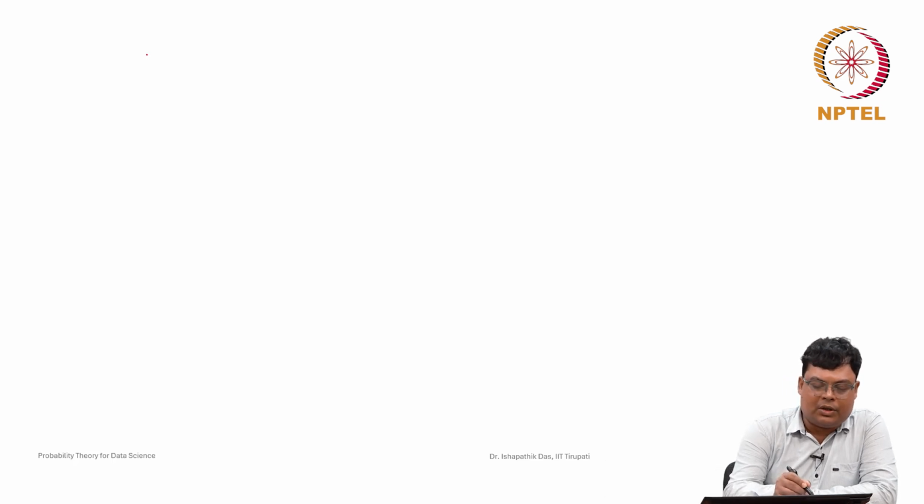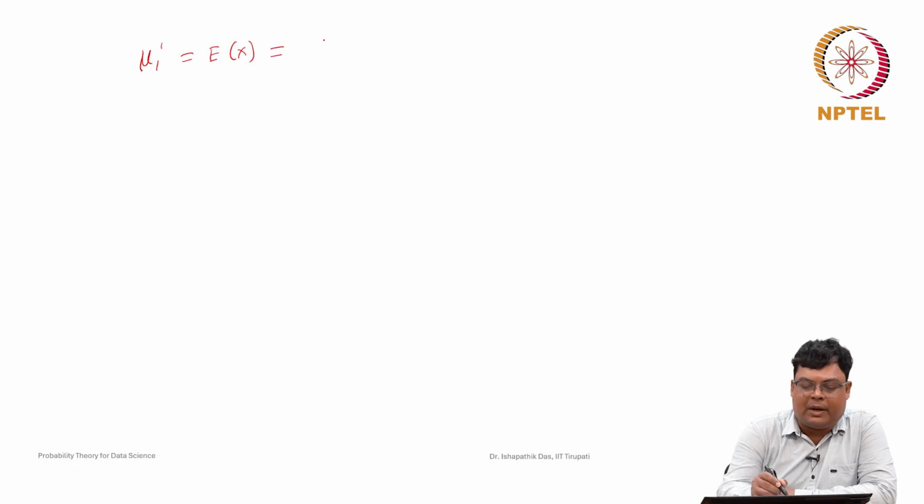First we find the first order moment, mu 1. So, mu 1 dash is nothing but the expected value of X. By definition, this is the summation of x_k p_X(x_k). It is taking only two values, 0 and 1.